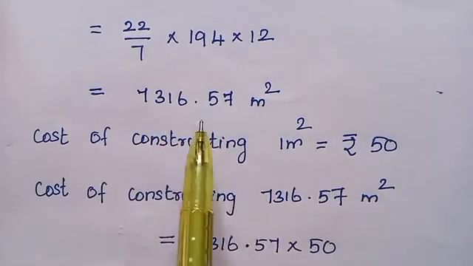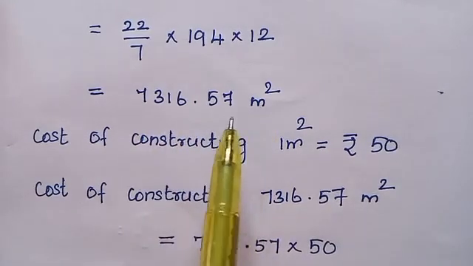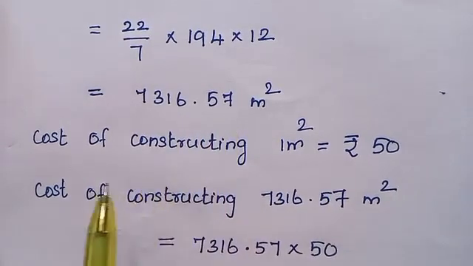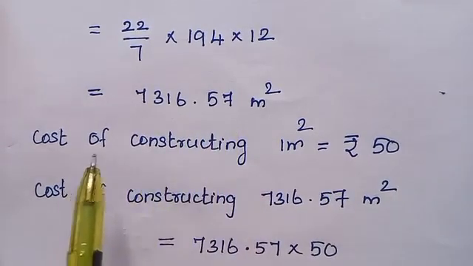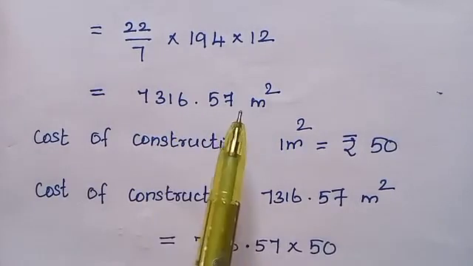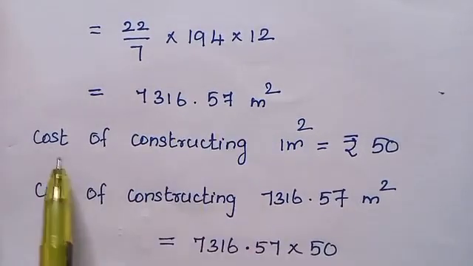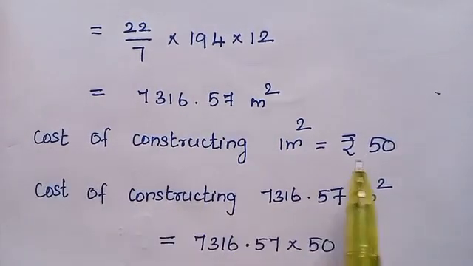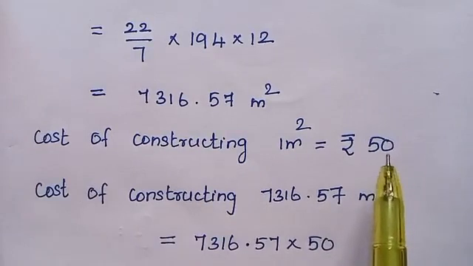This is the area of 4 tracks. Next, we are going to find now the cost of construction for this much square meter. Cost of constructing 1 meter square is rupees 50, that is given.